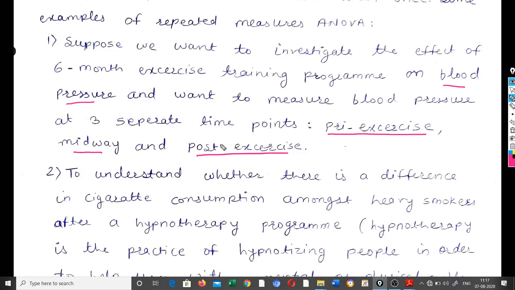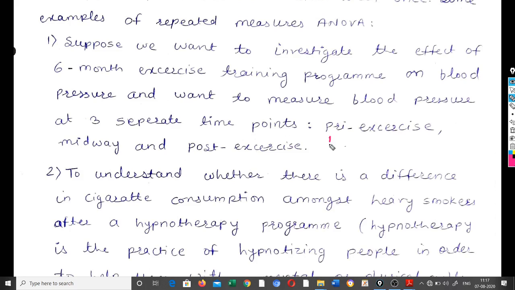Before starting the exercise, at the time of 3 months, and after finishing the exercise, which means after 6 months. Suppose we want to check whether there is a significant difference between these 3 time points.